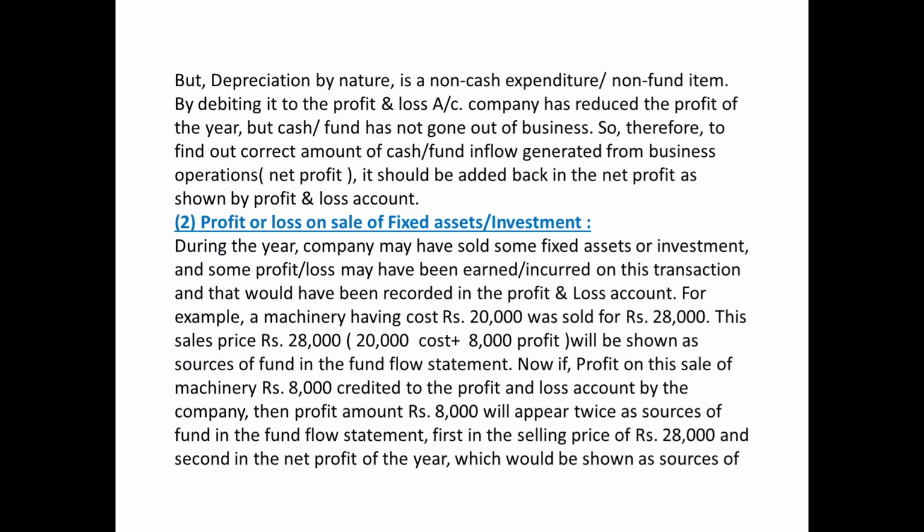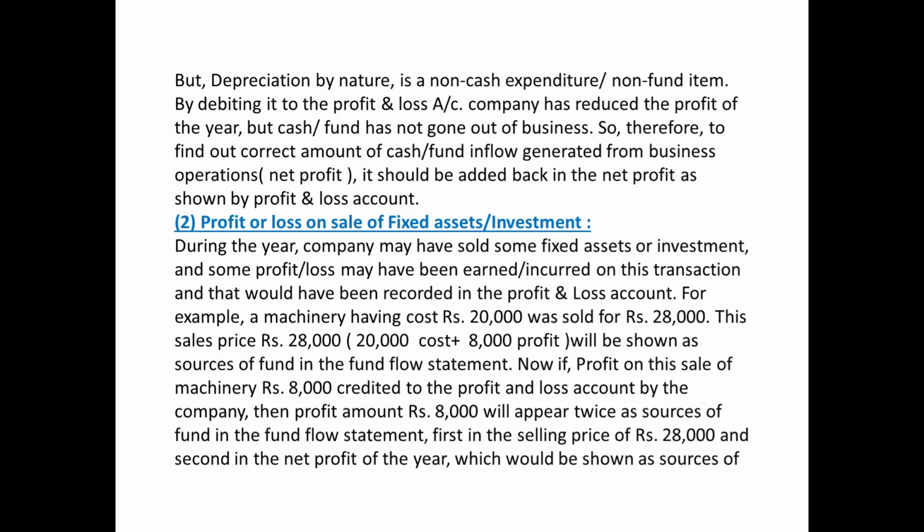And therefore, to find out the correct amount of cash or fund inflow, or cash or fund profit generated from business operations, it should be added back to the net profit as shown by the profit and loss account.